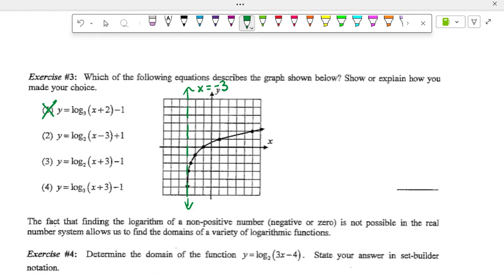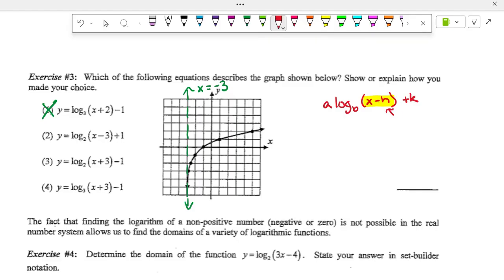The way we get the vertical asymptote is whatever is in the parentheses of the log. So typically for a log function, you have log base b of x minus h plus k. That's typically what a log function looks like, and you got an a value in front. Your vertical asymptote comes from the x minus h.